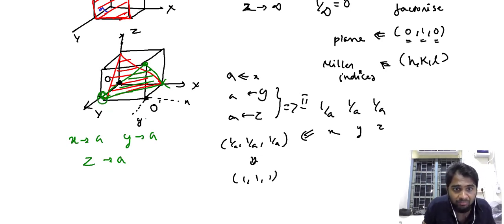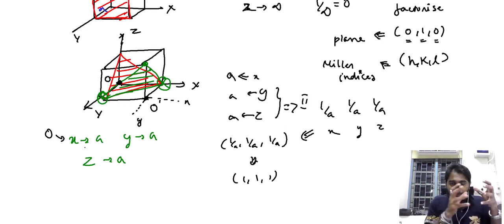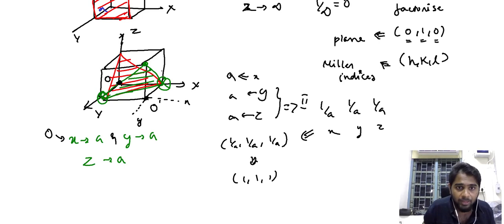The point where my plane meets the y-axis is here. So they are on the negative side of the quadrant. So originally, with respect to the original origin O, the plane met the x-axis at A and y at A. However, since it is difficult for me with respect to the original origin to describe where my plane meets the z-axis, I consider a new origin.